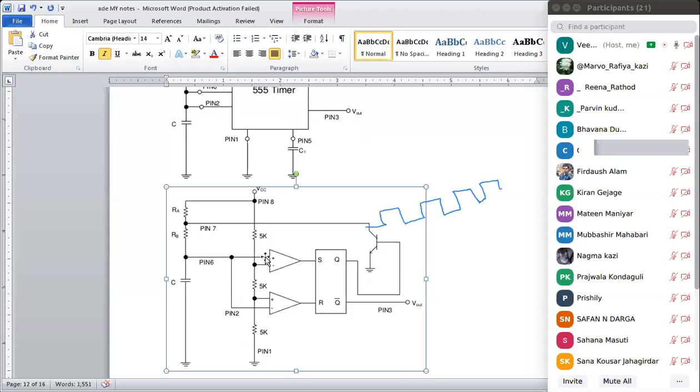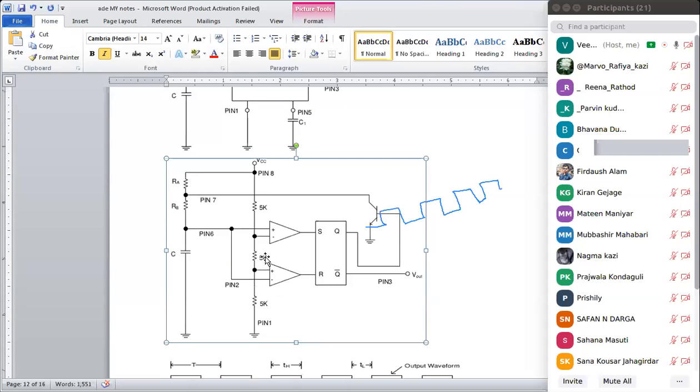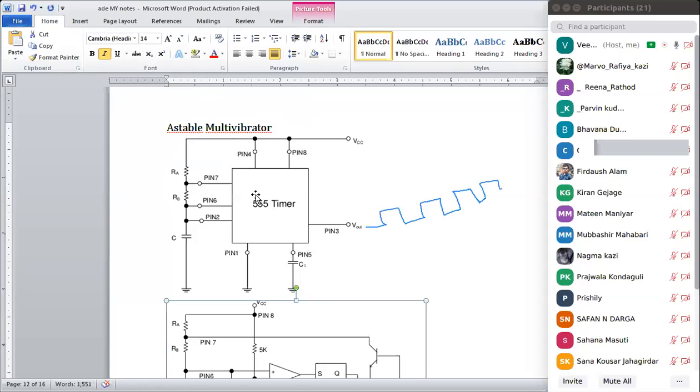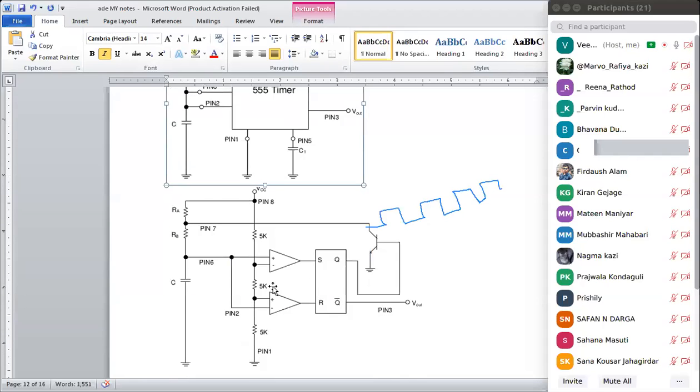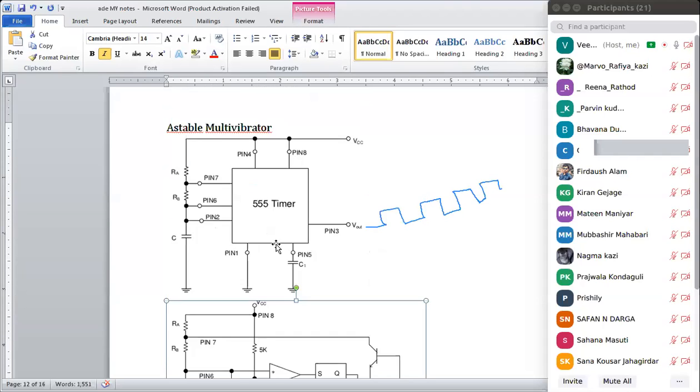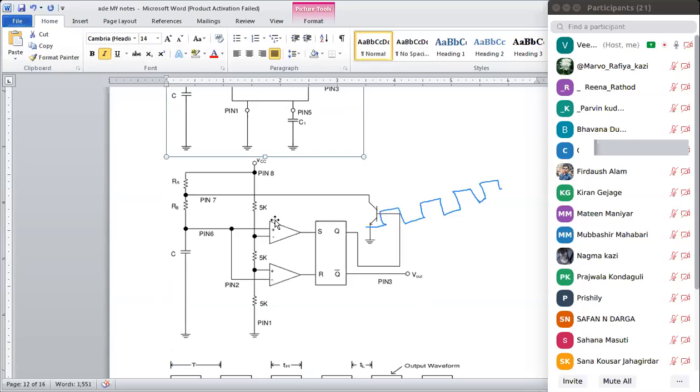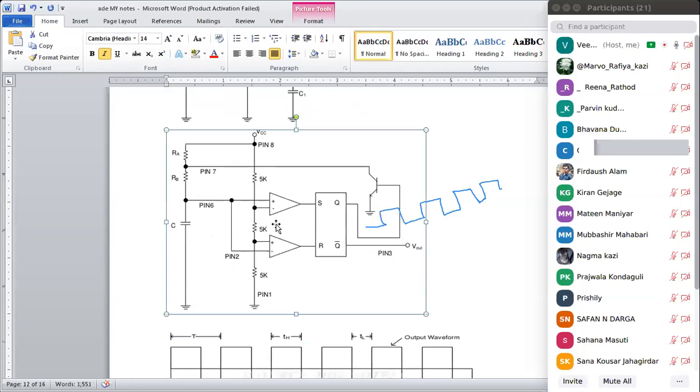Now there is a second figure also, which is the same as the above one. The above one is the direct pin connection. This one is the internal connection of the 555 IC. So what is inside the 555 IC?